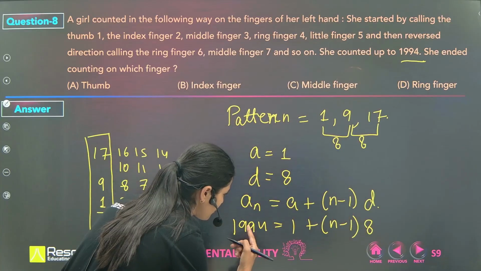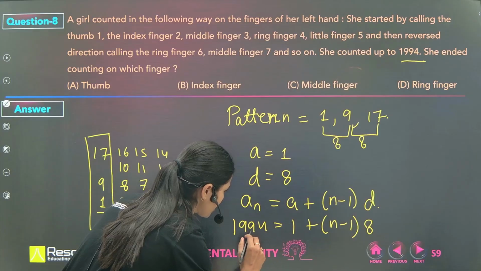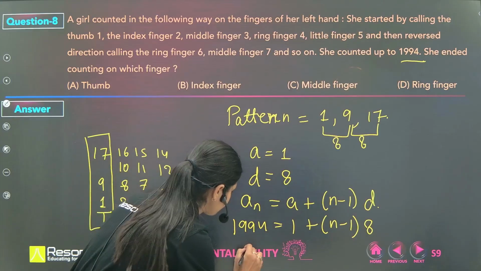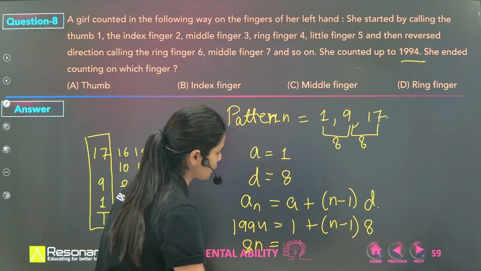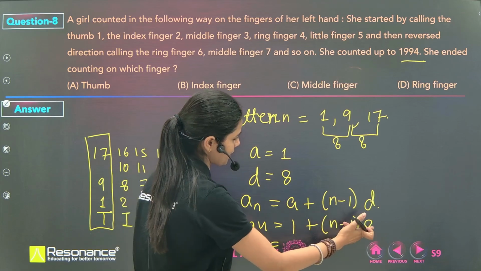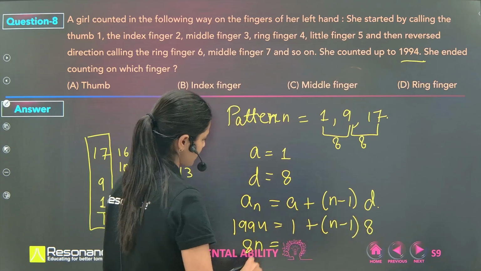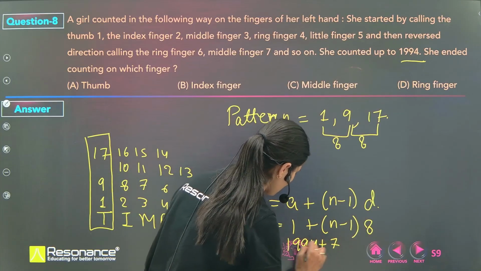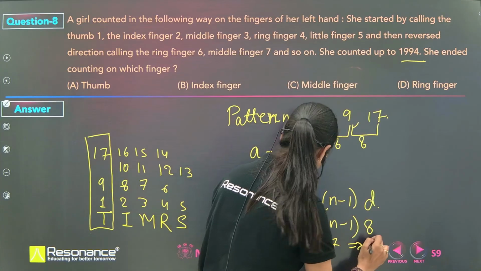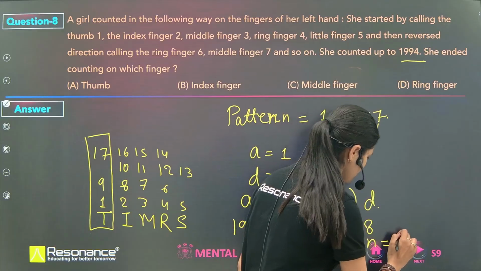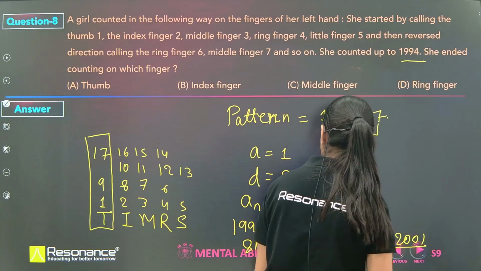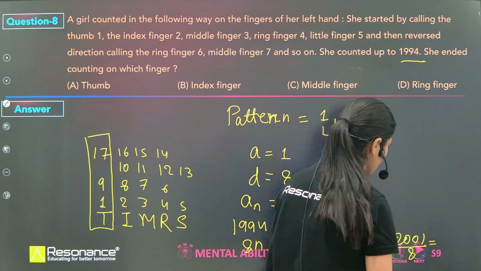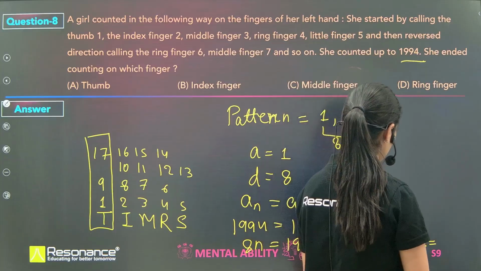When we solve this, it comes out to be 8n equals minus 8 plus 1, that is minus 7, and we add it, so 1994 plus 7, which gives n equal to 2001 divided by 8.